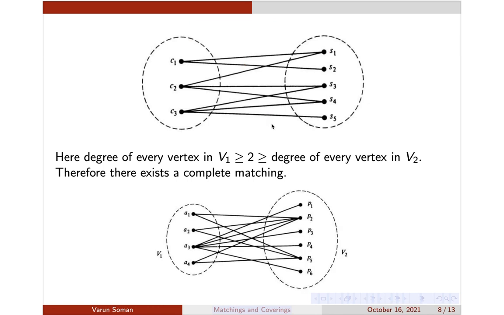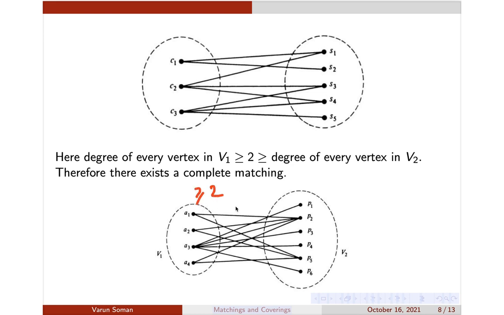And in the previous example, if you look again, you can see that in this case this property is violated. The maximum degree here is 2, and here you have 1, 2, 3, 4, 5. So the degree of every vertex is greater or equal to 2 in the first case.